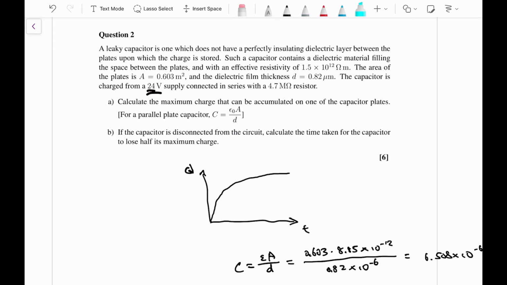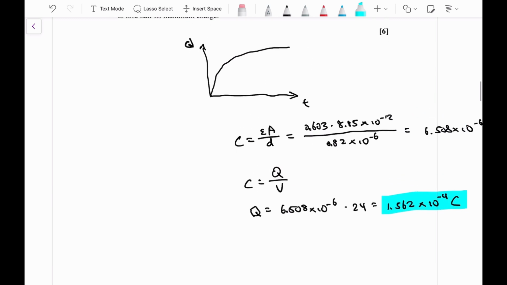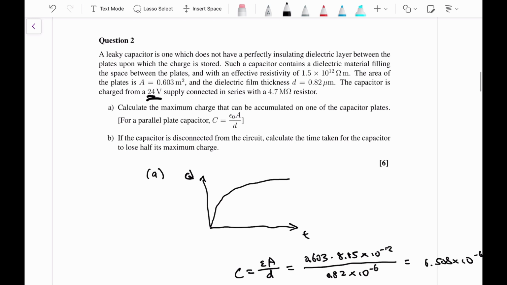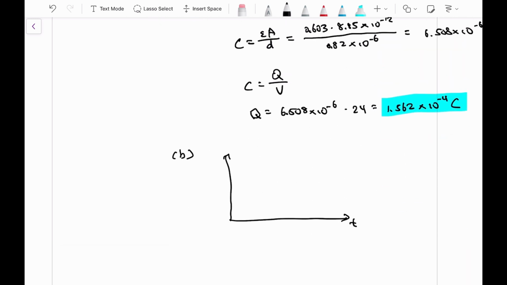If the capacitor is disconnected from the circuit, calculate the time taken for the capacitor to lose half its maximum charge. So let's see. This was part A. Now part B. This is basically a discharging process for a capacitor.